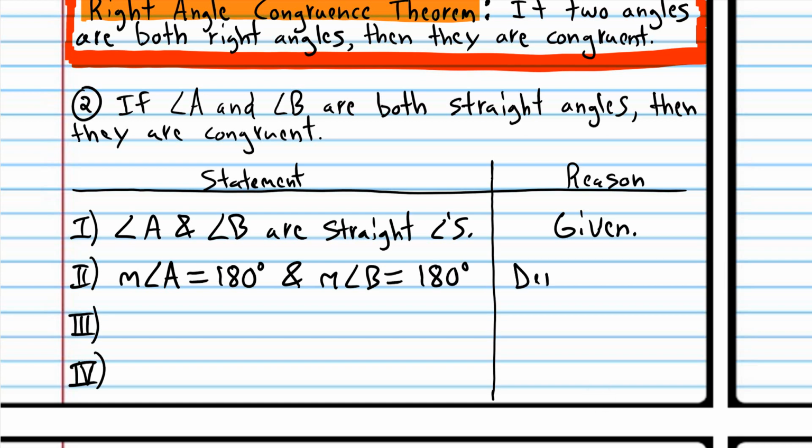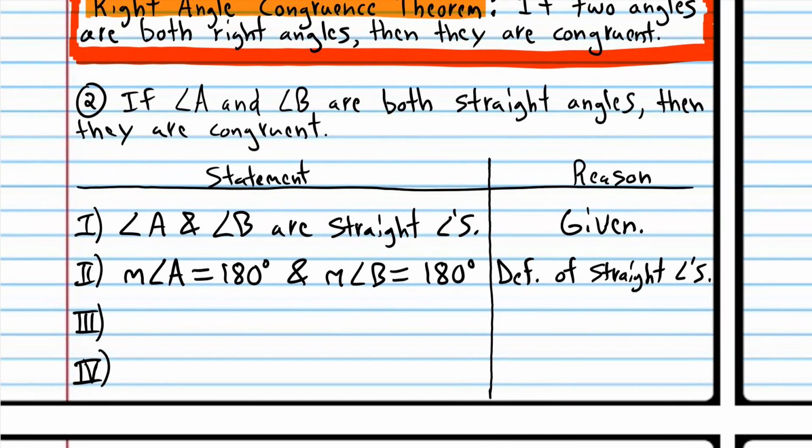And that's the definition of straight angles. So now you can see measure of A and measure of B are both equal to 180 degrees. So that means by the transitive property of equality, they must be equal to themselves.